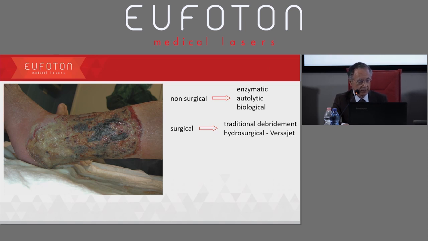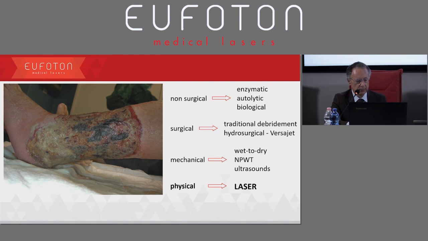And then there's a hydrosurgical treatment through a specific equipment called VersaJet. This is very quick and effective because it removes very quickly the superficial part of the ulcer, and the healthy tissue underneath surfaces. And then there's a mechanical system: the wet to dry, which is painful so it's been abandoned, the NPWT and ultrasounds.